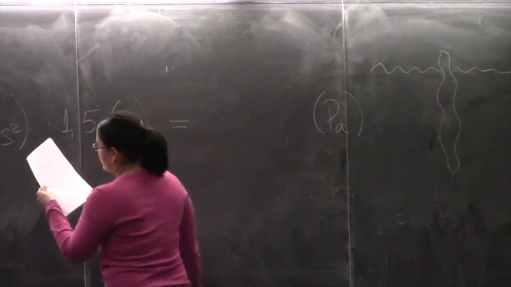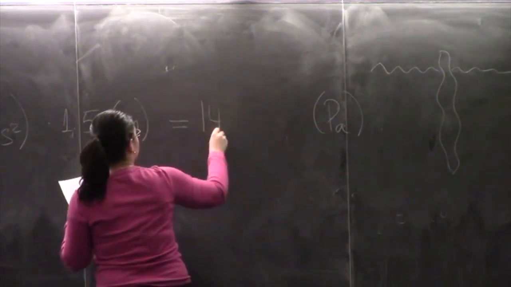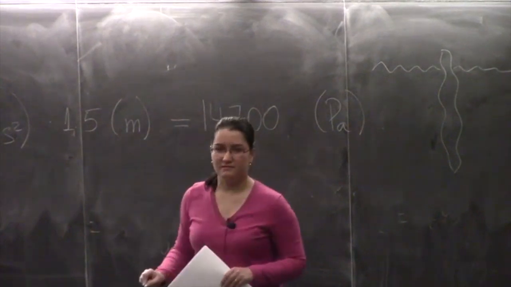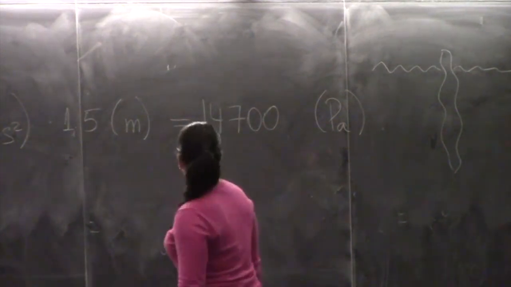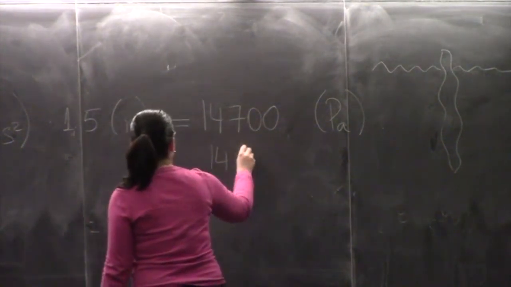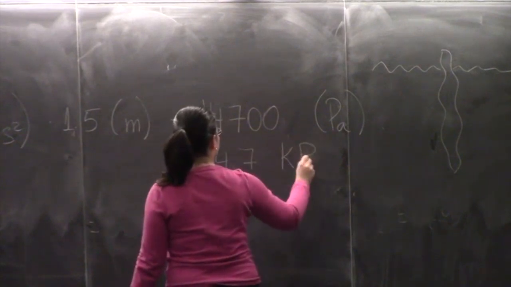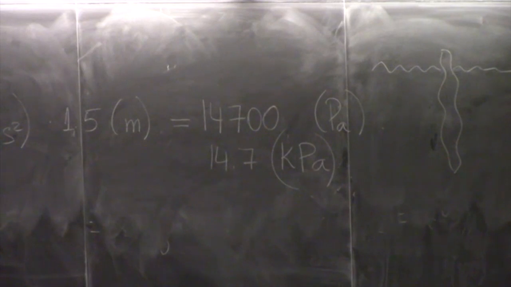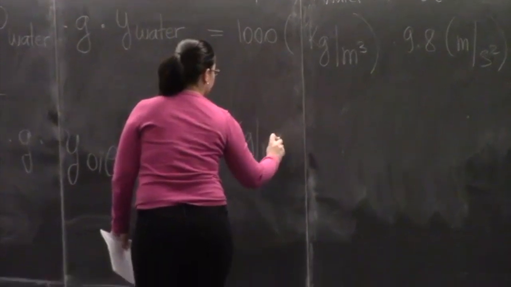And the answer is something like 14,700 pascals, which is just 14.7 kilopascals. Okay, so we do the same for the oil. The density of the oil is now 900 kilograms per cubic meter.